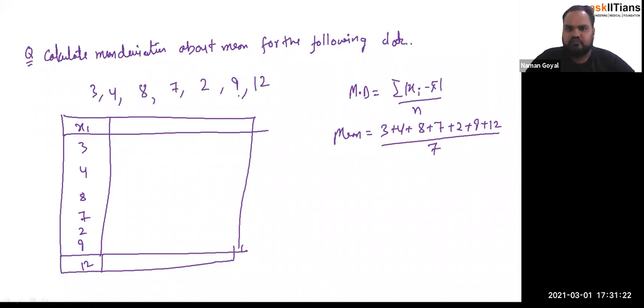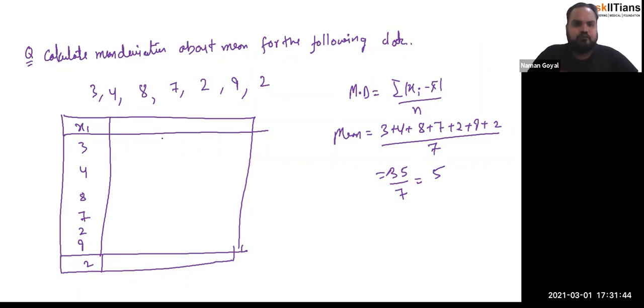You can take the last term as 2 instead of 12, because it becomes easier to solve and the calculation reduces. So the sum becomes 35, and 35 upon 7 is 5. So 5 is the mean, right?